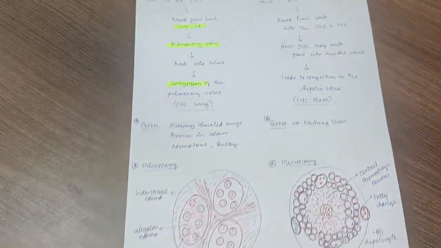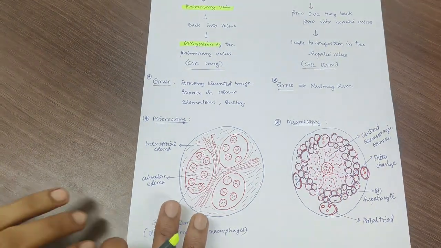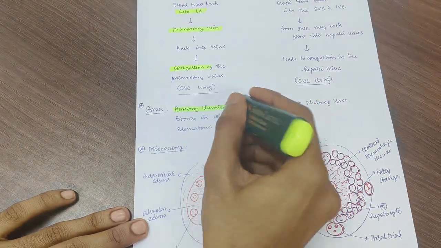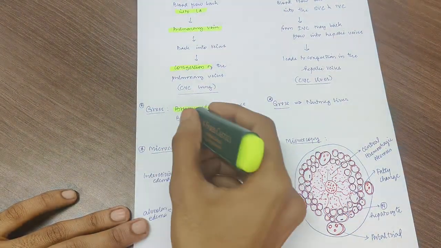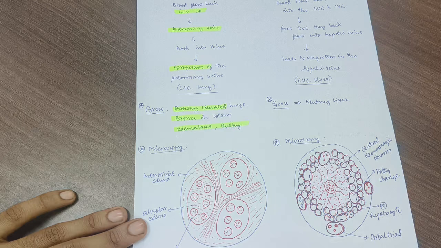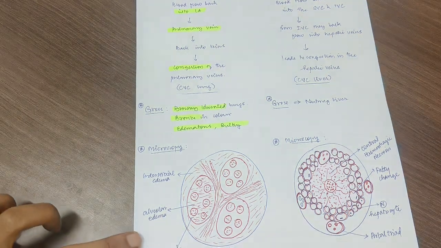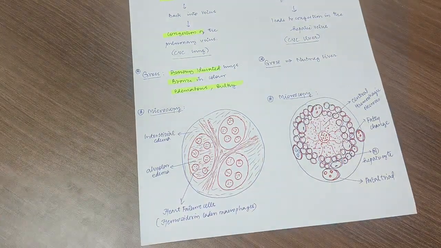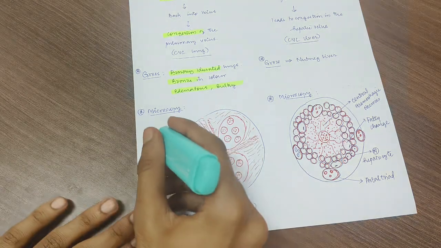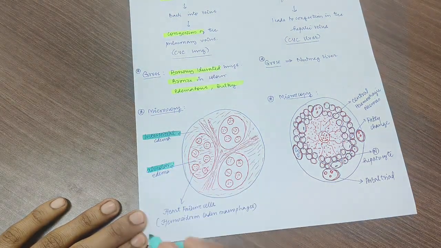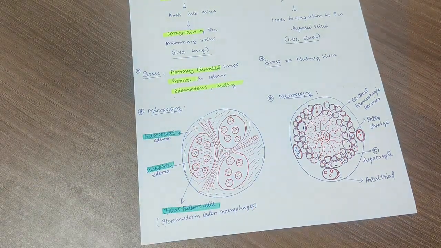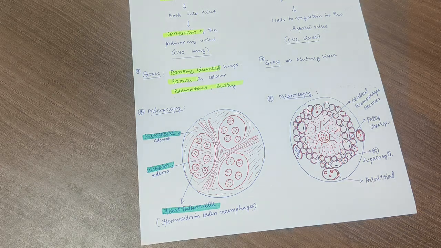What are the gross features? It looks brown indurated, or bronze in color, edematous and bulky. Lungs look like this. On microscopy, you're going to see interstitial edema, alveolar edema and heart failure cells. These are the three things you're going to concentrate on in microscopy.